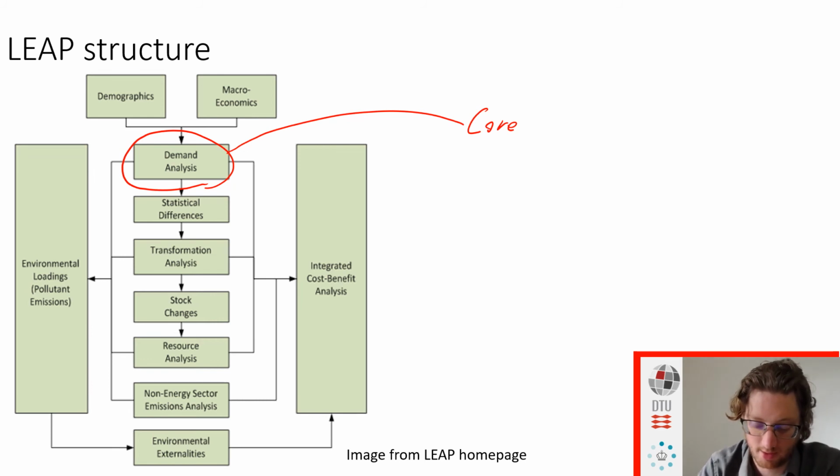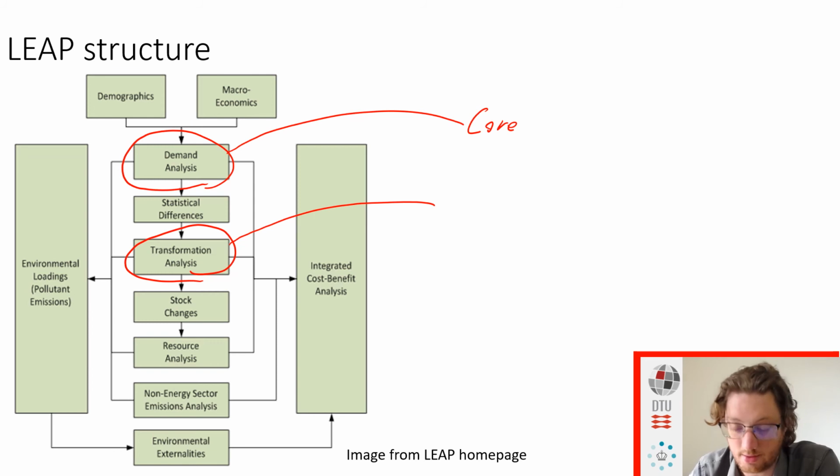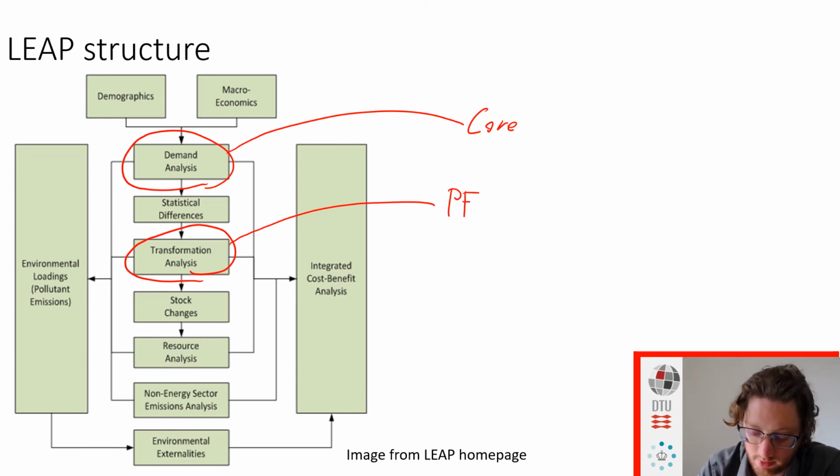Then the next important factor or branch of LEAP is the transformation analysis. In the transformation analysis, it goes from, for instance, primary fuels like coal and oil and other sources, or secondary fuel like gasoline, to electricity. That's where this gets calculated.